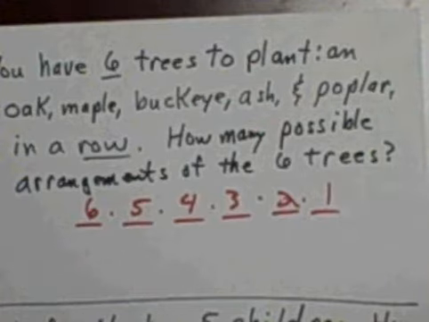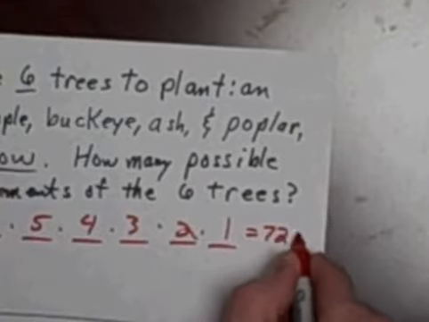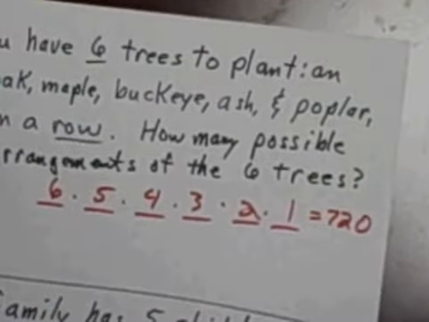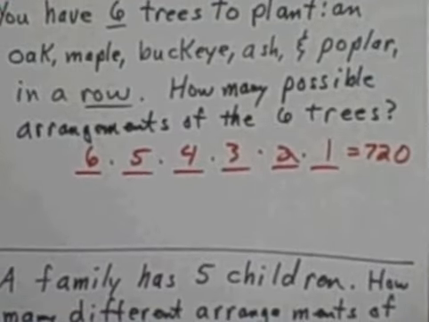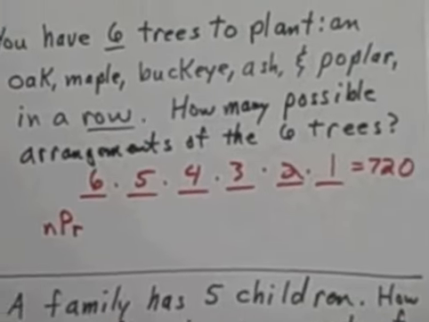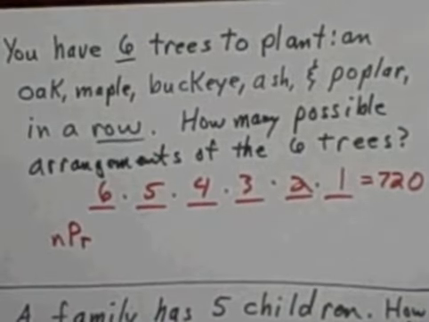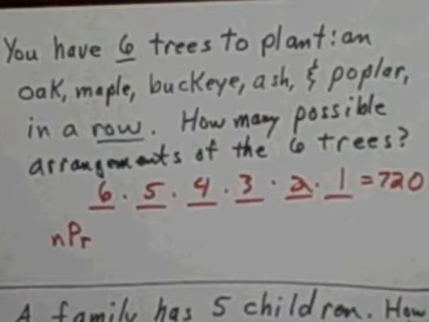And 6 factorial is one of the functions in your calculator. You can press it and you find that that is equal to 720. Okay? If you want to use the nPr function in your calculator, since this is a permutation, we can just use nPr and go directly to the answer, realizing that we have 6 to choose from, and we're going to use all 6.